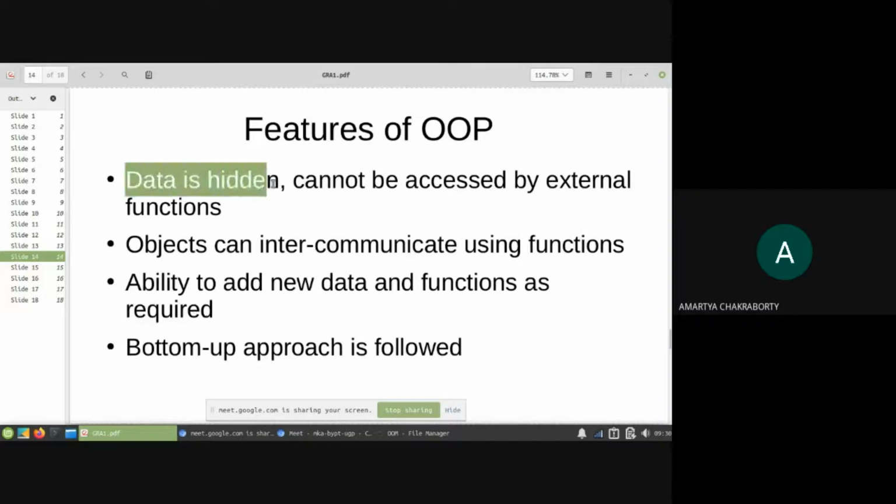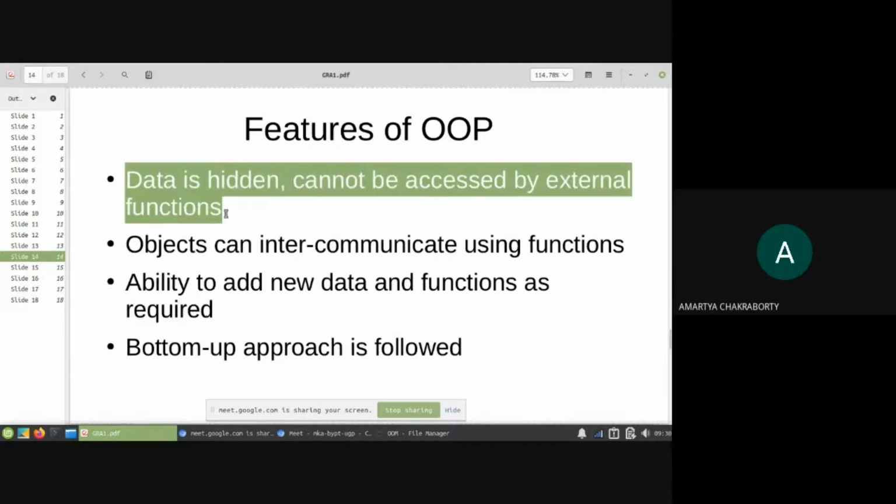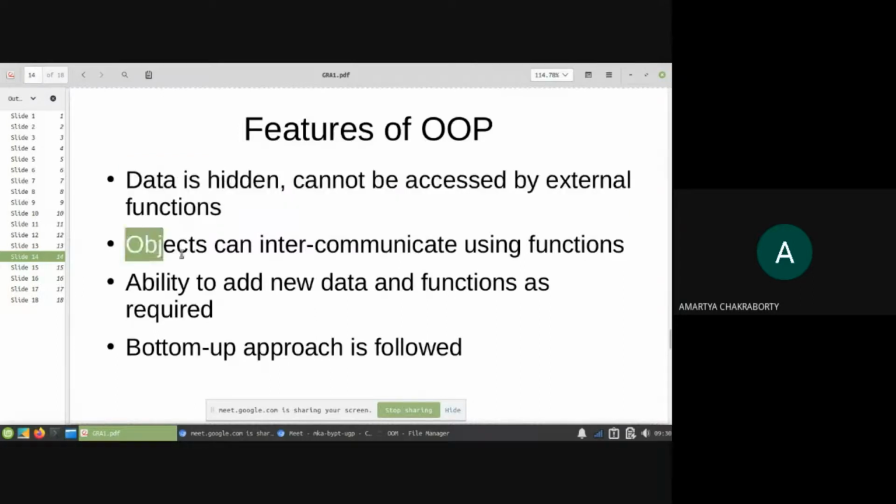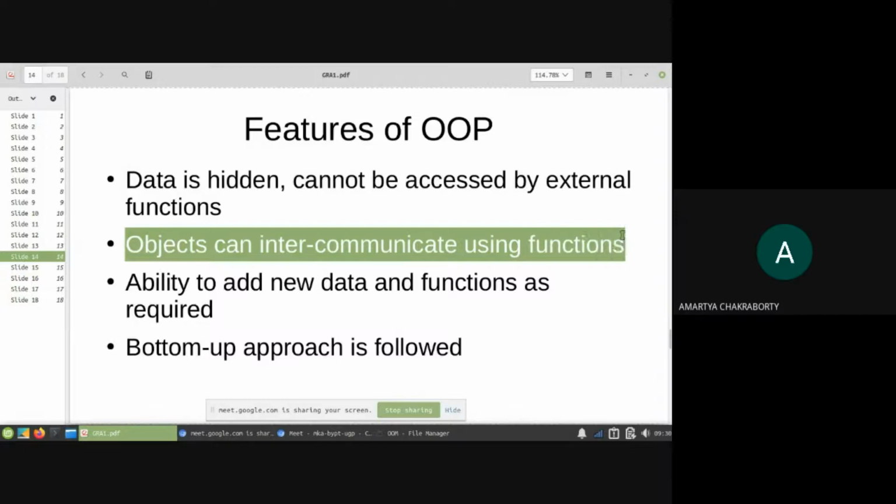Data is hidden and it cannot be accessed by external functions. This is another very important feature. Data is kept hidden by default and it is not easily accessible by any external functions. Each object can intercommunicate with the use of functions.